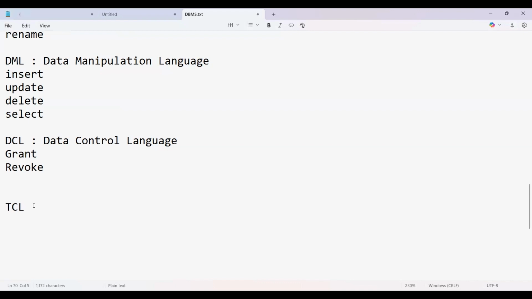And the last layer, transaction control language.